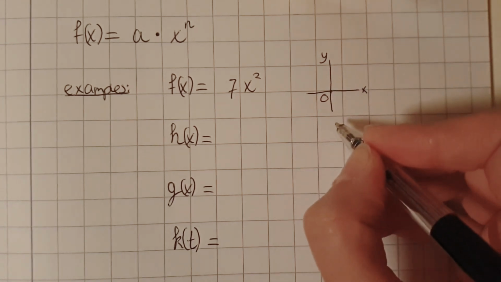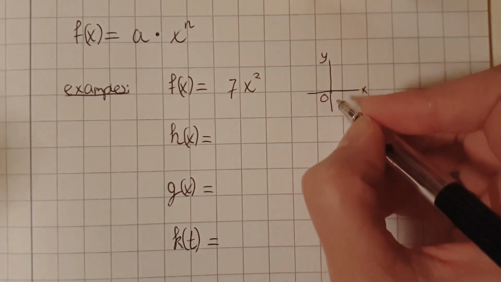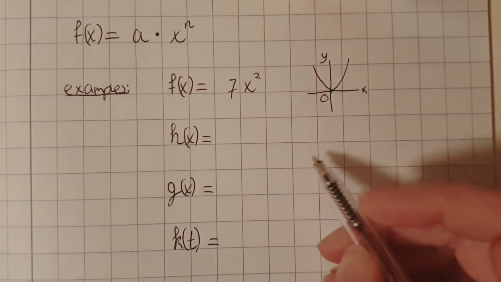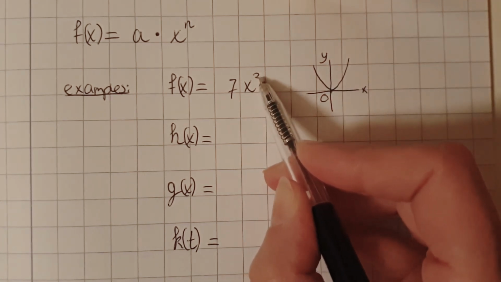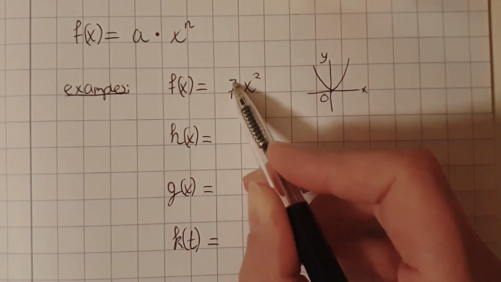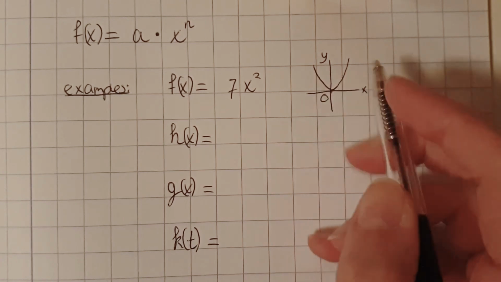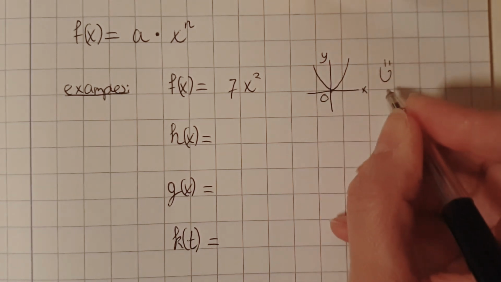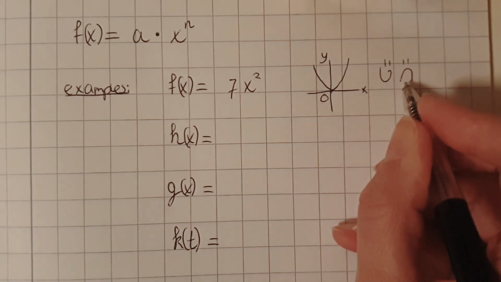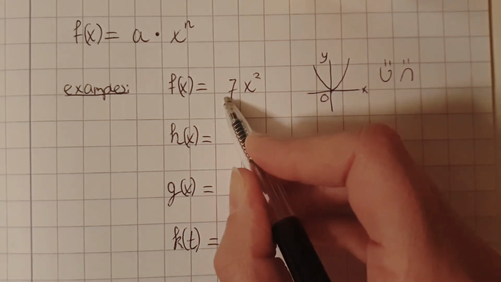You don't have to do this by yourself, but I think it's really handy to kind of know what it's going to look like. This is a parabola. Because it's squared, so this is an even number, it looks like this, and this number is positive, so you have a positive smiley. You remember from last year, positive smiley. This is a positive number. If the smiley is a little bit sad, then this is a negative number.